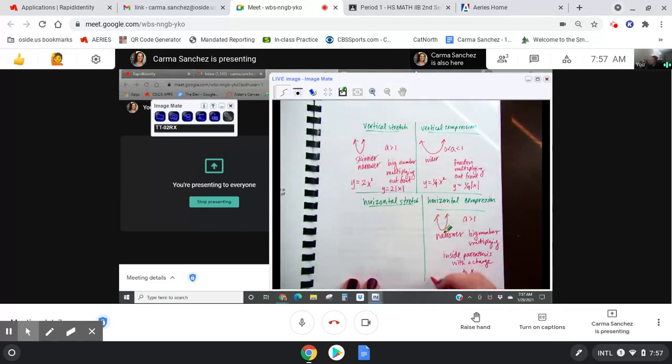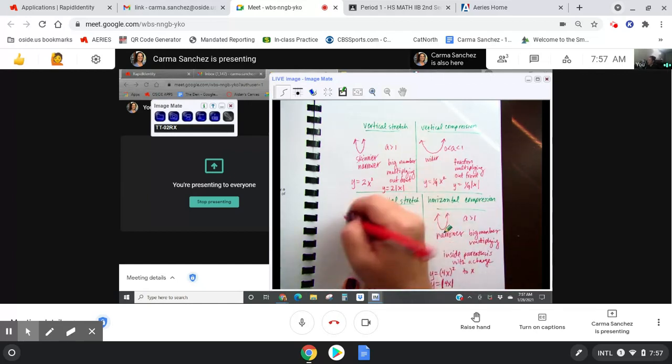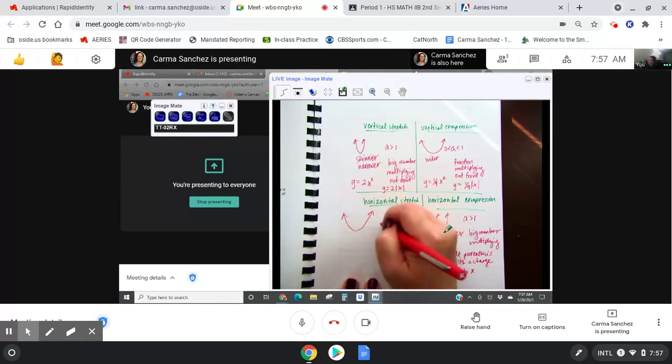So it's going to be inside the parentheses with a change to x. You might see something like y equals parentheses 4x squared, or y equals 4x. Actually, sorry, I meant to put bars for the absolute value. There you go. So the change is happening inside. It's still a big number A multiplying, but it's inside with the x when it says horizontal. Horizontal stretch, same as vertical compression. This is going to be a wider parabola.